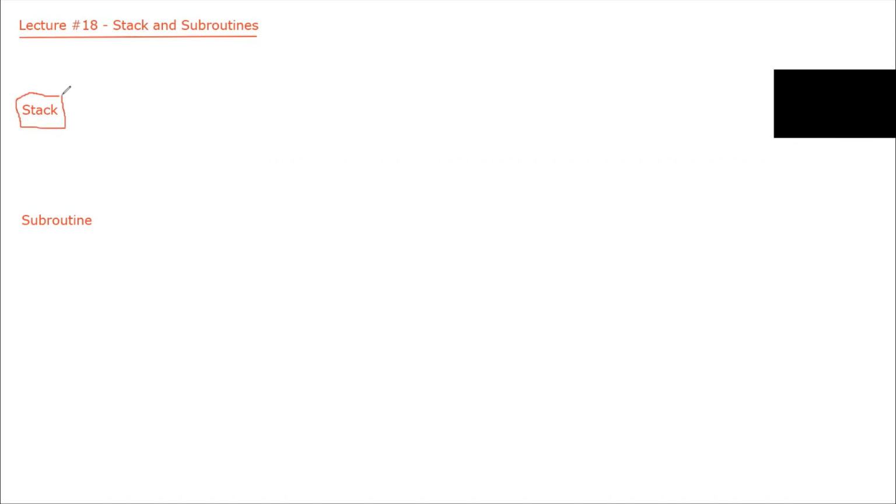What is the meaning of a stack? Basically, a stack is a portion of memory. In our microprocessor 8085 or in any other processor, let's say this is our memory, and this starts from 0 and goes on.